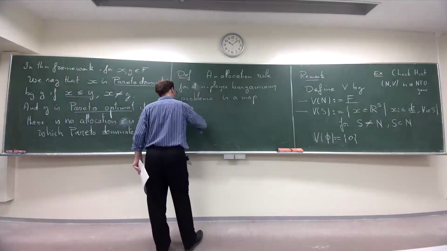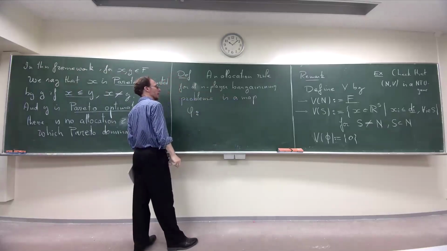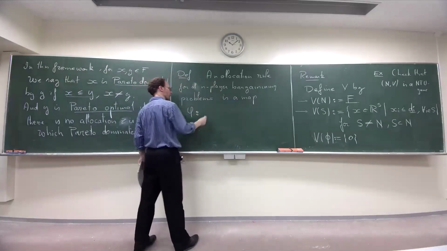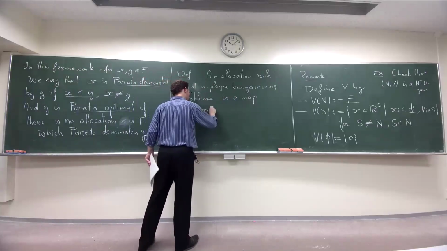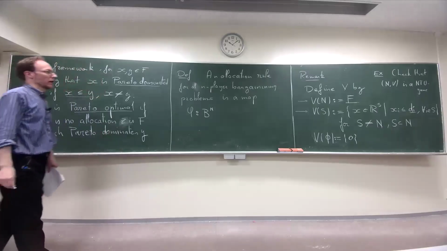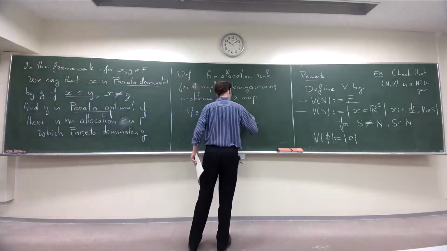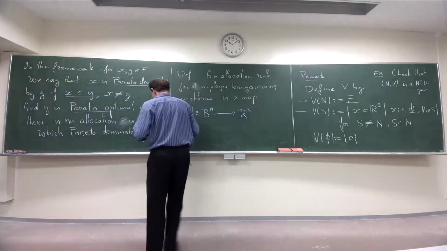It's a function phi, which takes any bargaining problem and sends it to an element of R^n.